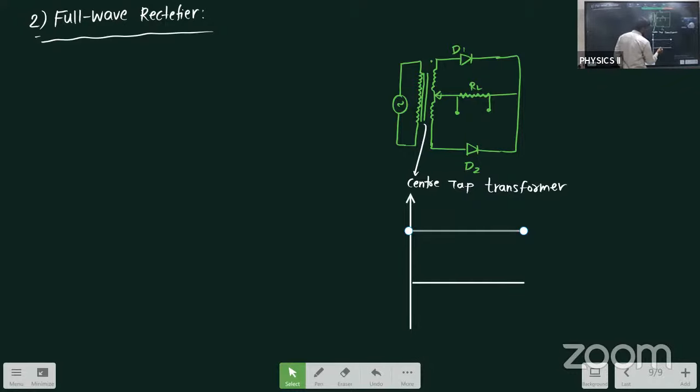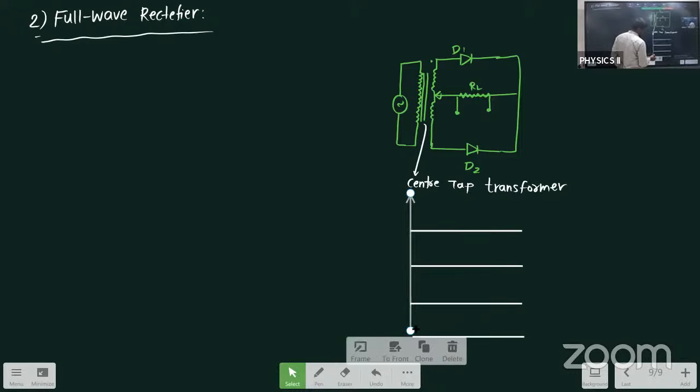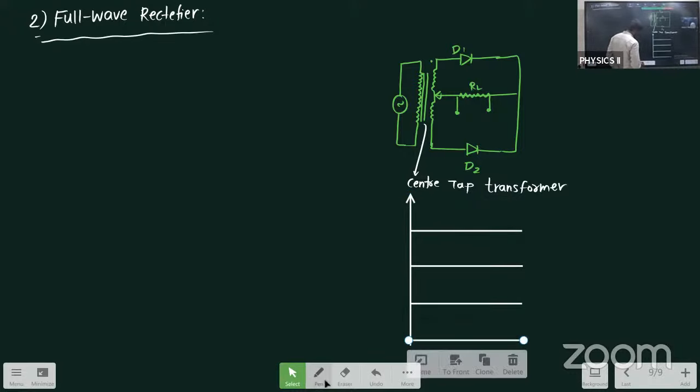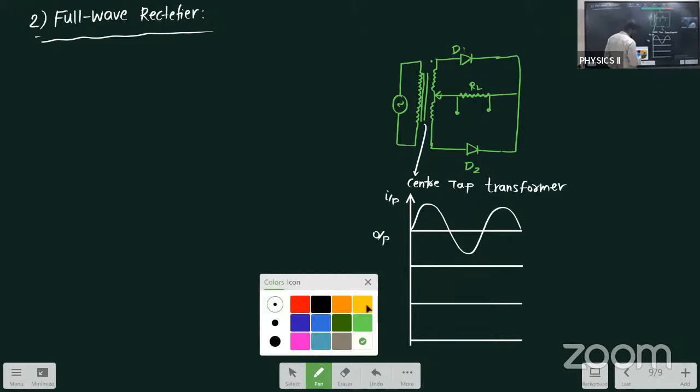Again, I will be drawing the output below it. I hope you are able to see this diagram. How will the input be? Here I am taking input, which will be an alternating source, so I'm considering a sine wave here. Here we'll be having outputs. You will understand this, don't worry.